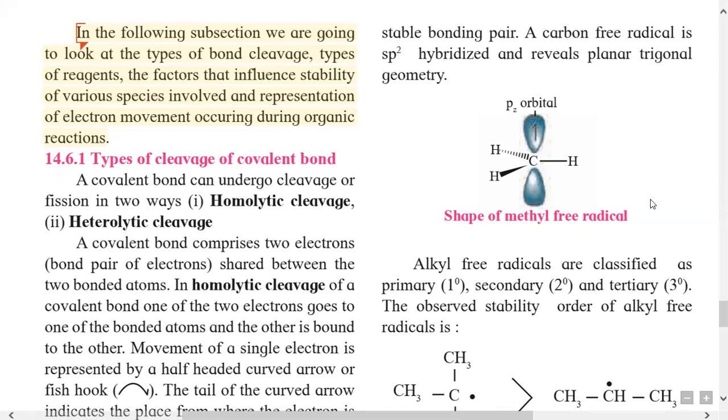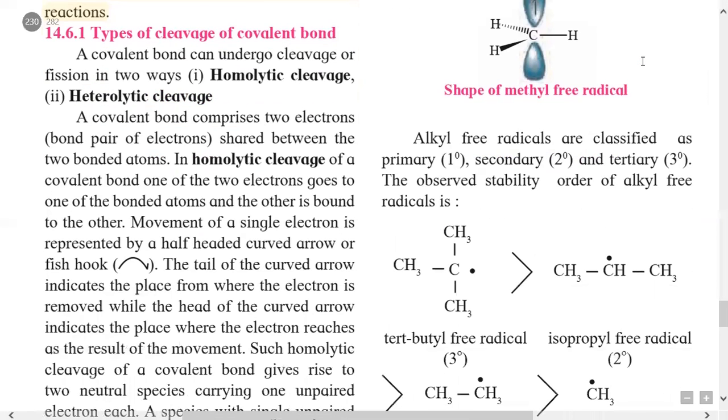And this is the structure, the shape, of the methyl free radical. Remember that the geometry of the methyl free radical is planar trigonal, and the type of hybridization is sp2 hybridization.